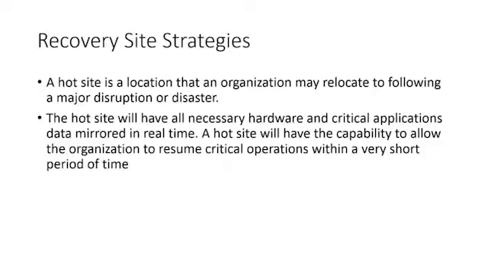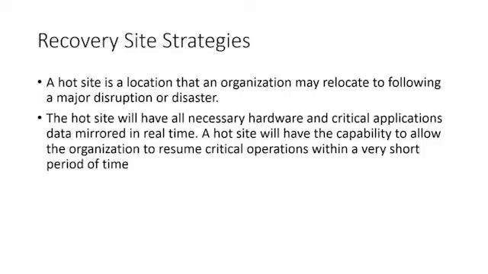Now we also have some recovery site strategies. When we talk about recovery sites, and you've probably heard about these, like a hot site, a warm site, and a cold site. Now a hot site, that's the location where an organization can relocate at pretty much a moment's notice. Something has happened. We have had a catastrophic incident, right?